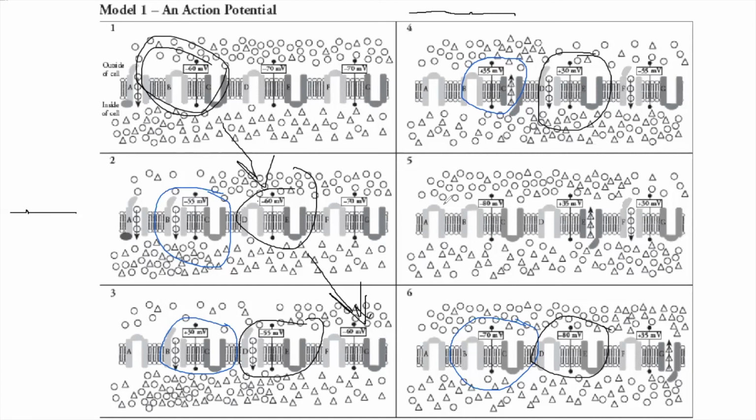Is the threshold potential the charge of the cell, or is that the amount of millivolts in the stimulator? It's the charge of the cell. We change the charge of the cell by stimulating it. If we don't stimulate it enough, then the charge doesn't change enough, so nothing happens.